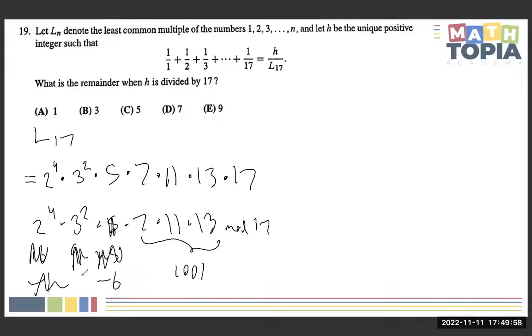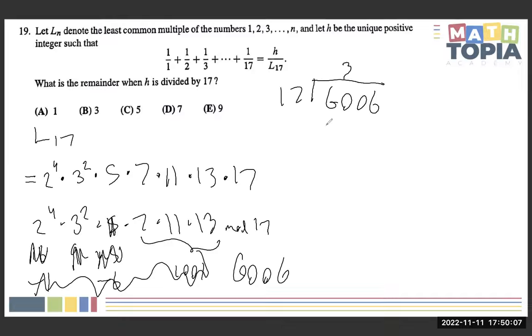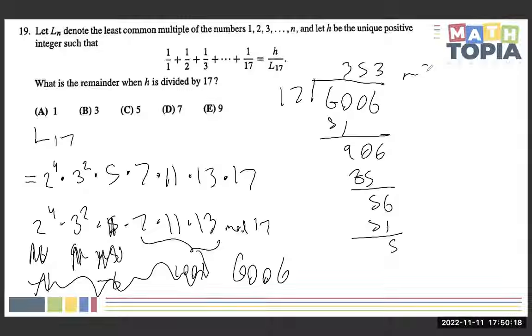Which means this whole product together gives us 6006. And if we divide 17 into 6006, we get a remainder of 5, and that's our answer.